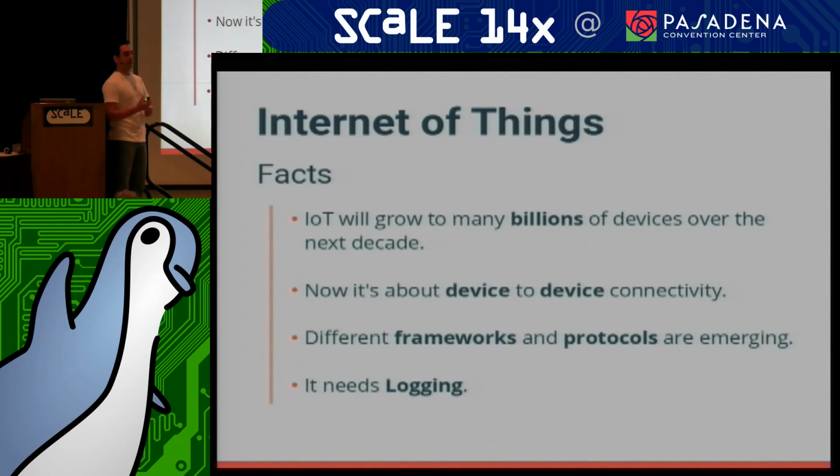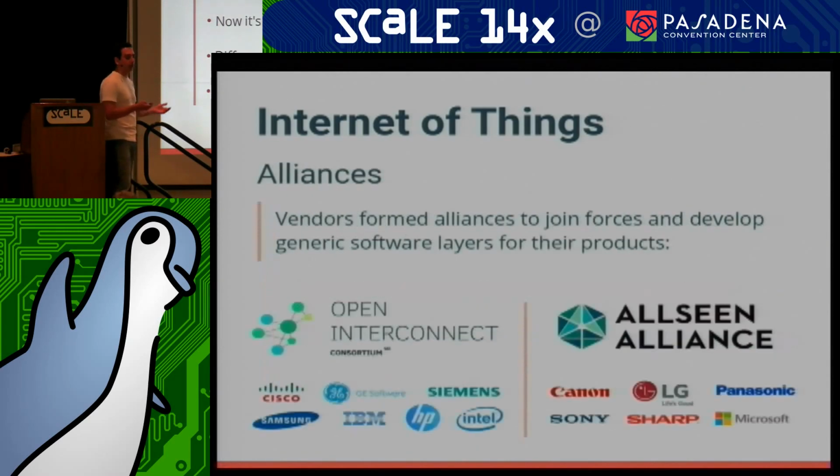We care about different things, about connectivity. But at the end, all of these devices are doing the same: sharing information, sharing data. And they're generating logs. The difference is that logs are not being stored, in most cases, in the file system, because it's very restricted, right? But they are being dispatched somewhere. So they need logging.